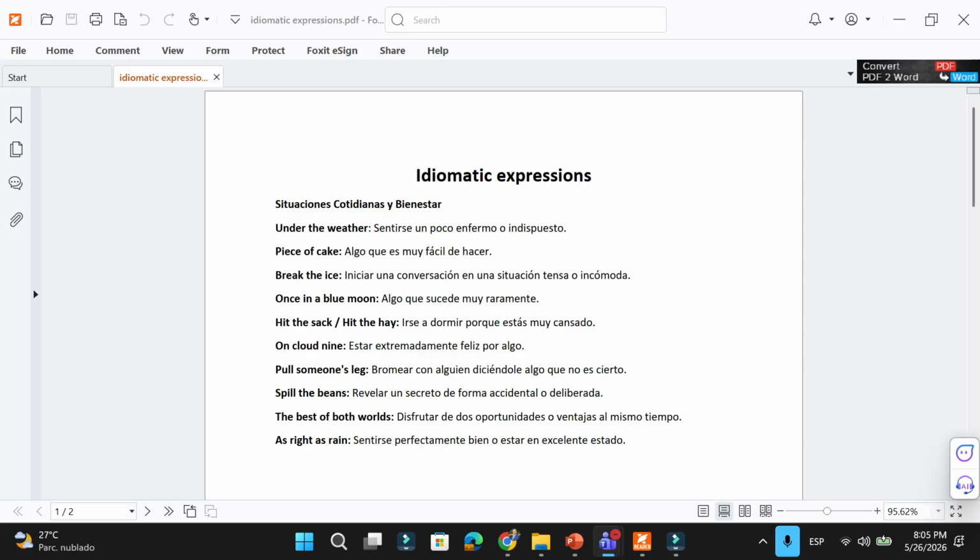We have here the first 10. We have under the weather. Here we have the meaning in Spanish. Piece of cake, which is an idiomatic expression that I use a lot. Break the ice. Once in a blue moon. Hit the sack or hit the hay.